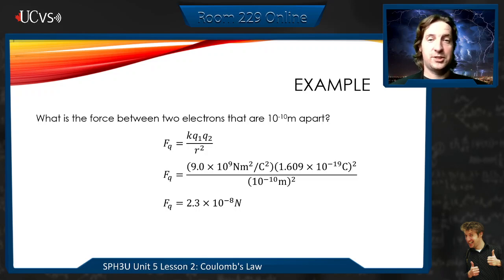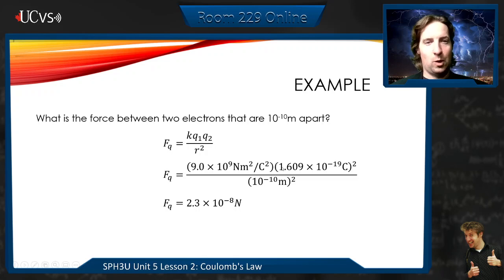So we can use this equation to quite simply put these numbers in, square them, and work them all out. And notice that the units work out, because the coulomb squared cancels with the coulomb squared here. Then I have meters squared divided by meters squared, and we're left with just newtons. Okay? So that's the strength.